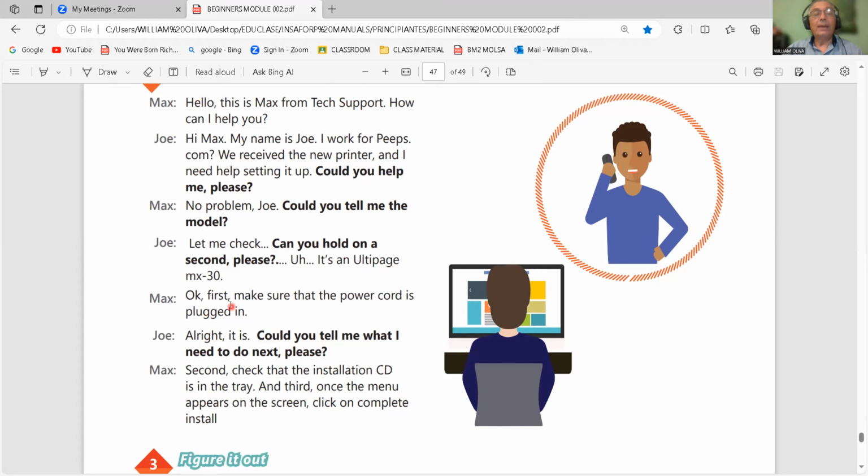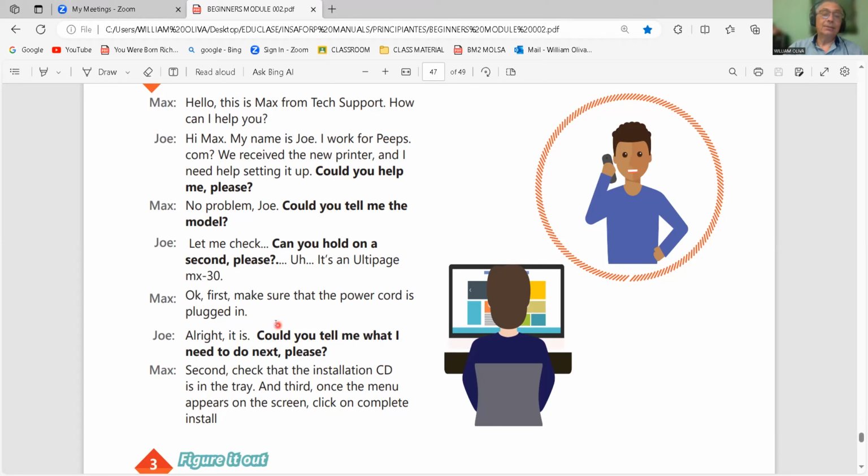Okay. First, make sure that the power cord is plugged in. All right. It is. Could you tell me what I need to do next, please? Second, check that the installation CD is in the tray. It is in the tray. And third, once the menu appears on the screen, click on Complete Install.